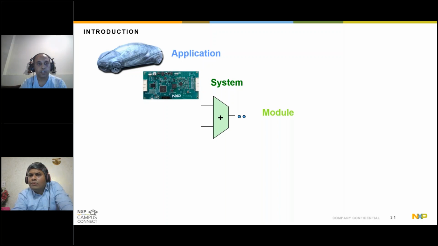Each subsystem will have multiple SoCs, and each of these SoCs will have several functional blocks, which you can call modules, which will be talking to each other. The next one is gate. Once you go deep down inside a module, you will see ultimately millions of gates which are connected to each other in a certain fashion, representing the end functionality.